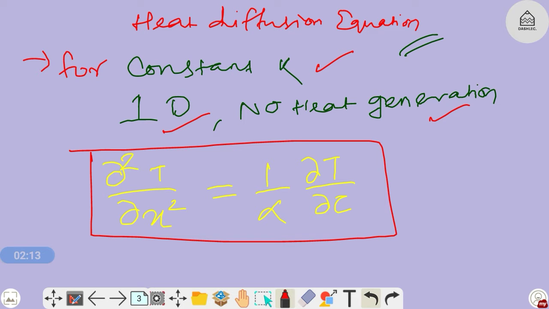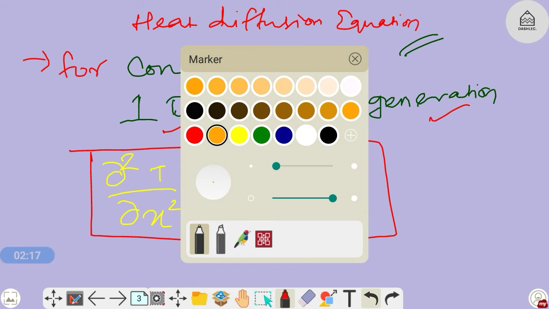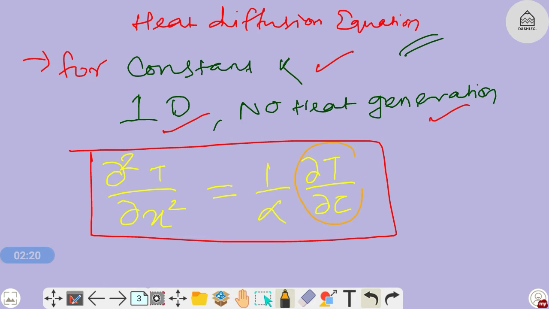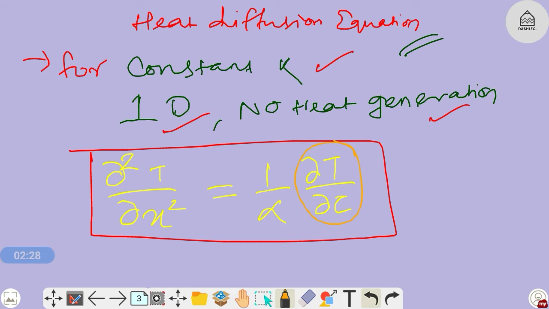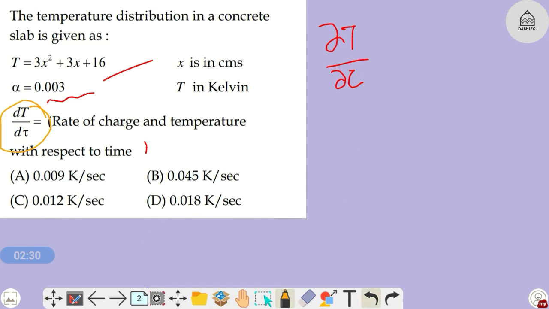Okay, so we need to find out this term, del T by del tau. What do we have? We have T in terms of x.